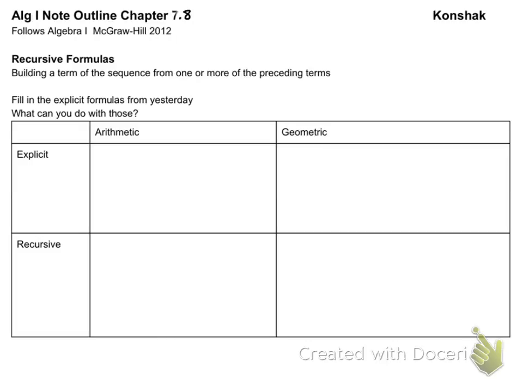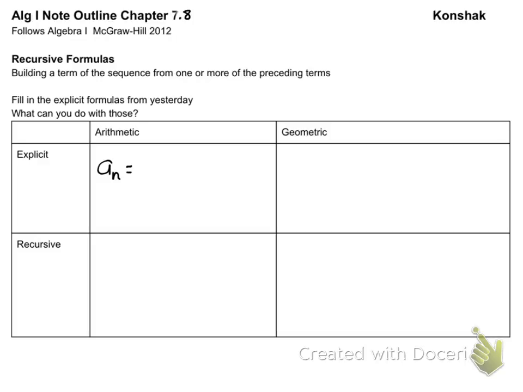But before we get to that, I want you to write the formulas from yesterday in the box for the arithmetic and for the geometric explicit. So here, I want you to write that formula for our arithmetic sequence. I want you to write the geometric. So what were those formulas? A sub n equals arithmetic.